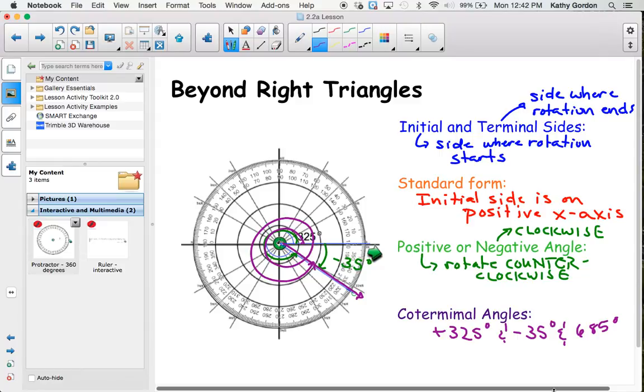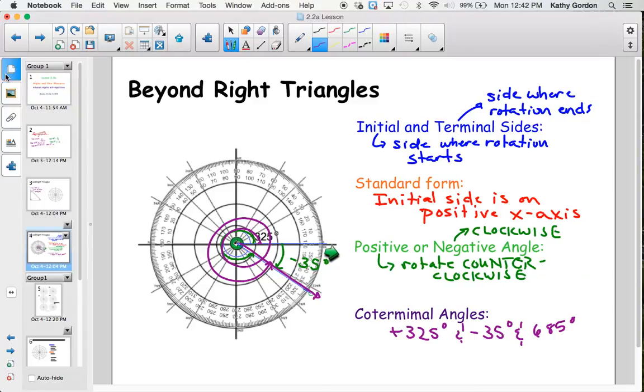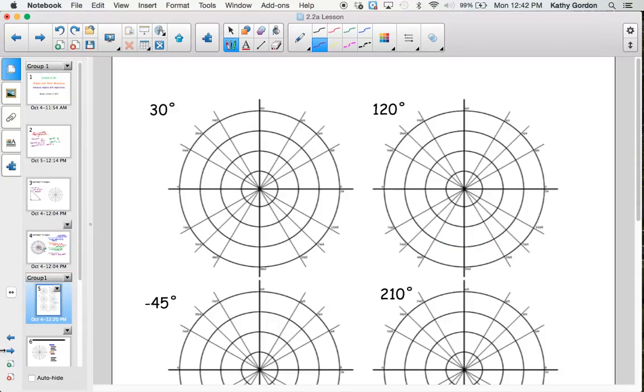Alright, so what I would like you to do is to take a minute on the worksheets that I handed out to the tables. If you don't have one individually yet, get one. On those worksheets, I want you to take a minute and just sketch how big the angle should be based on this idea of rotation for the top 4 circles.